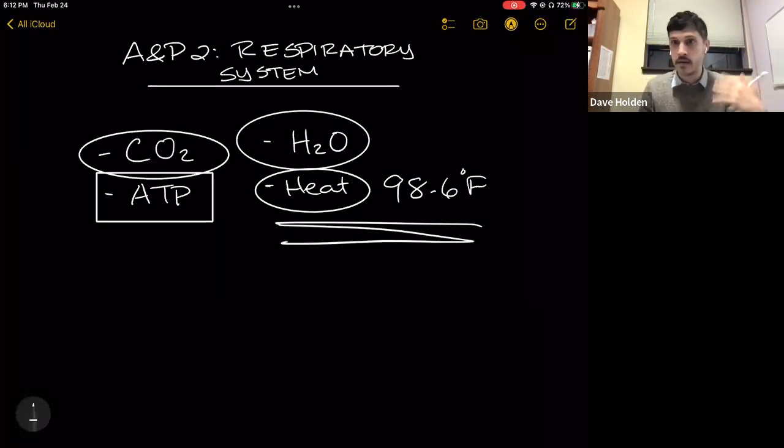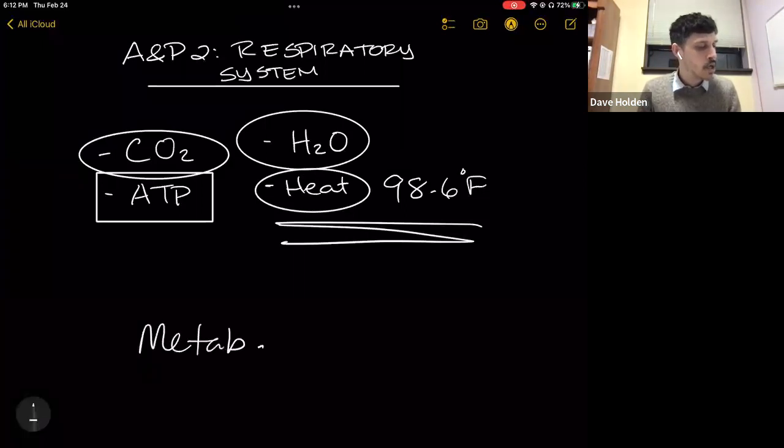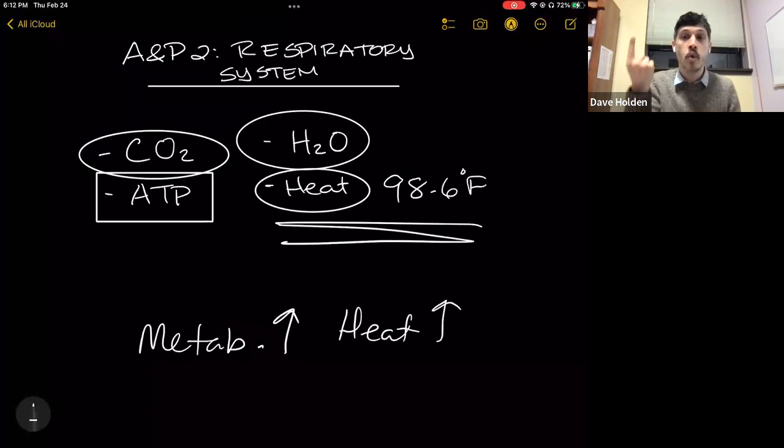The normal rate that your cells digest, burn, reproduce, eat some more, the whole cycle that they go through, that's your metabolic rate. So when metabolism goes up, when the rate of the Krebs cycle goes up, we produce more heat and ATP and carbon dioxide and H2O.